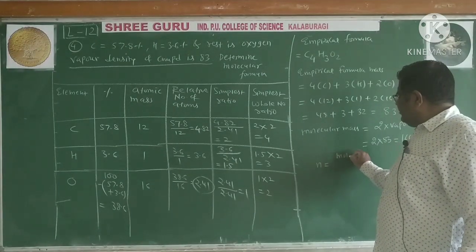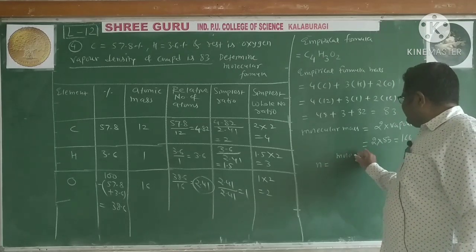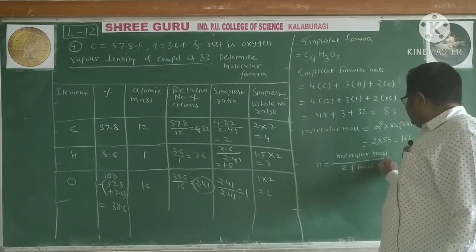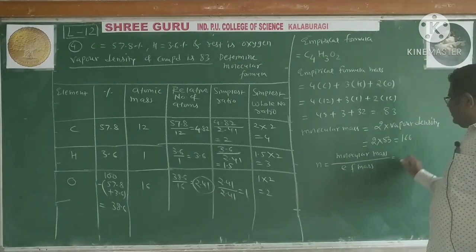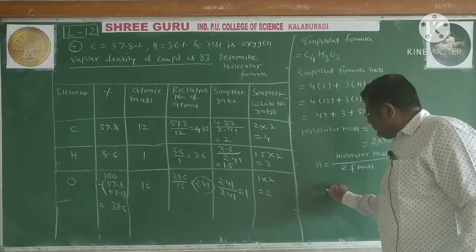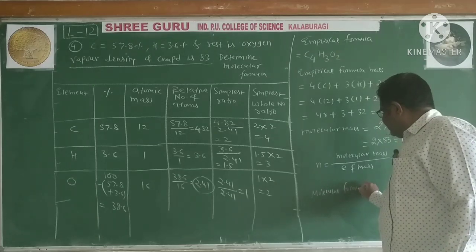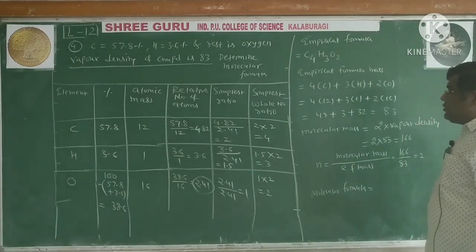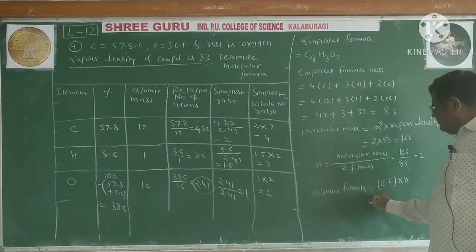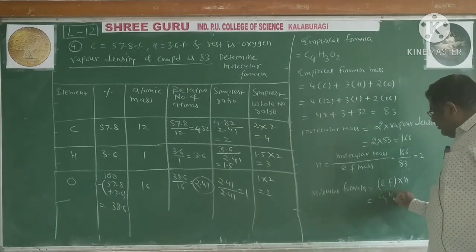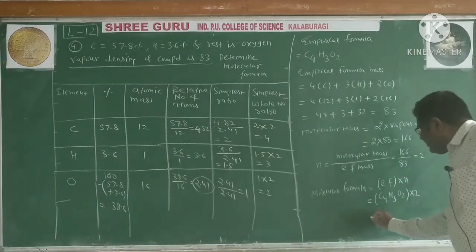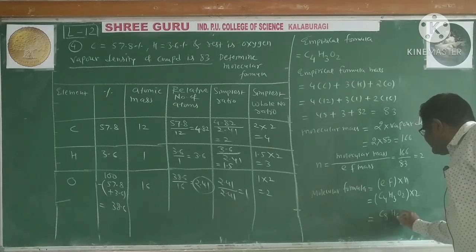So N is equal to molecular mass divided by empirical formula mass. 166 divided by 83 happens to be 2, and that's why molecular formula is equal to empirical formula into N. Empirical formula C4H3O2 multiplied by 2 is C8H6O4.